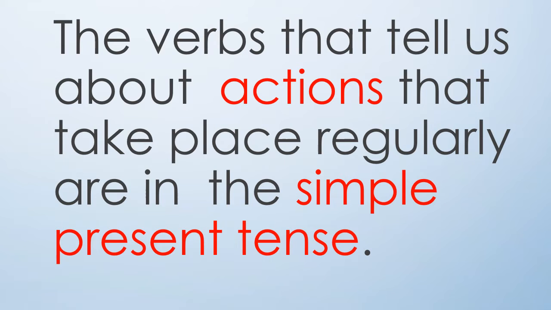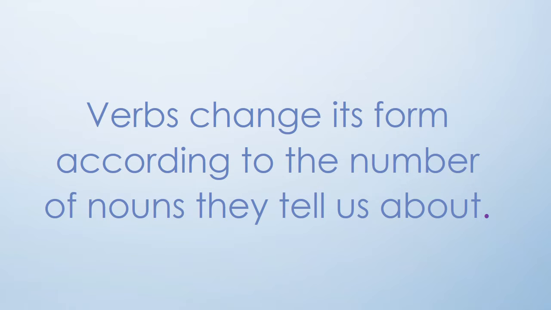Simple present tense verbs tell us about actions that take place regularly. And in simple present tense, verbs change their form according to the number of the nouns they tell us about.